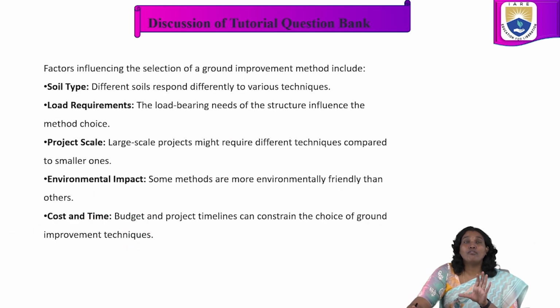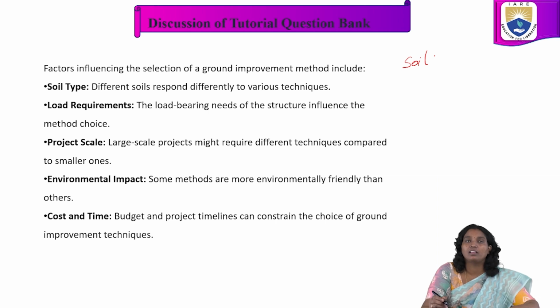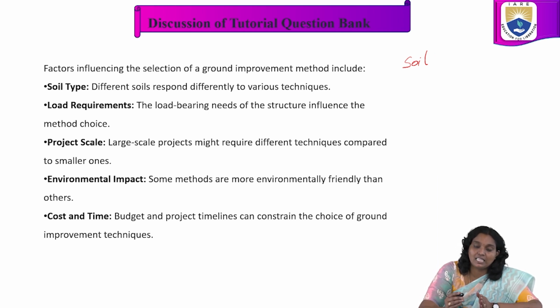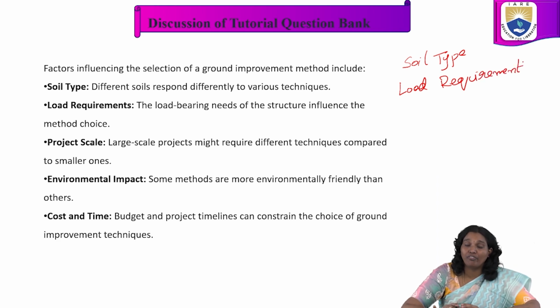And also, how are we influencing the selection of the ground improvement method? Based on the soil type, whether it is clayey soil, sandy soil, or loose soil, how the technique responds, and also the load requirement: heavy loads or moving loads, what kind of loads are there, and how the structure is going to be influenced.